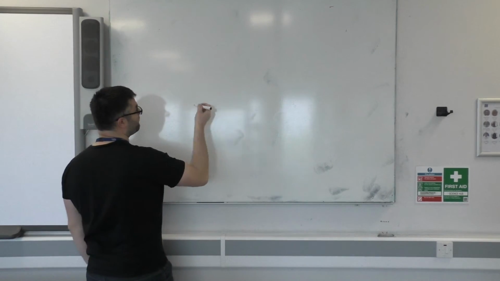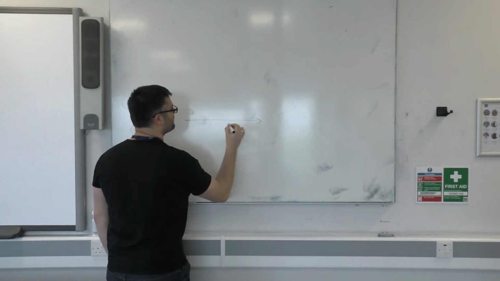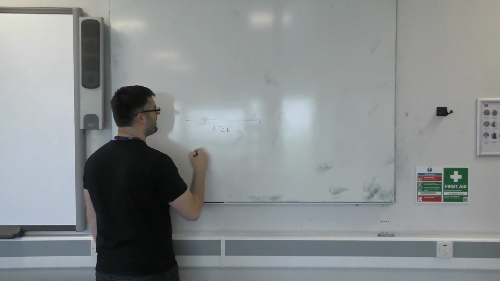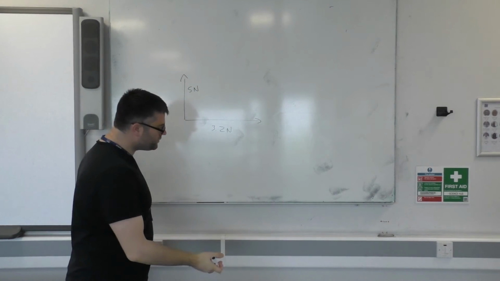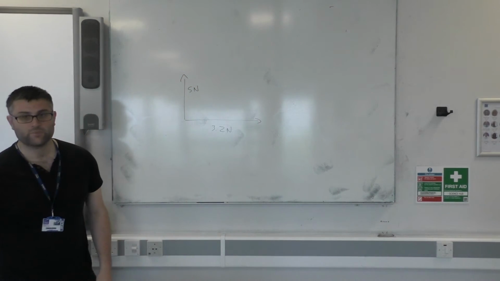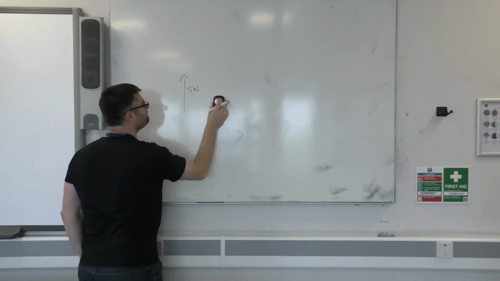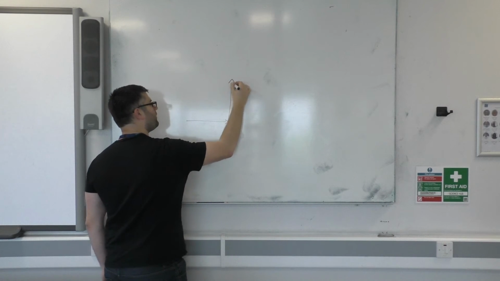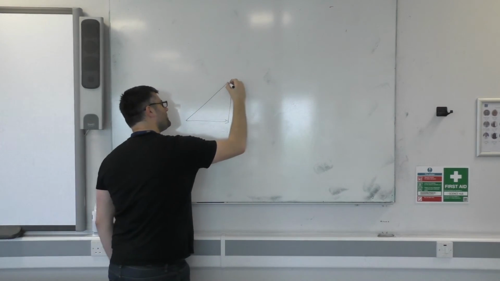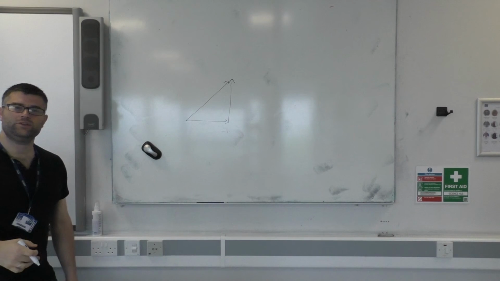So we've said here, in the initial, we had 3.2 newtons and 5 newtons. And we redrew that triangle to look something like this, with our resultant there. Now, how do you do a scale drawing?